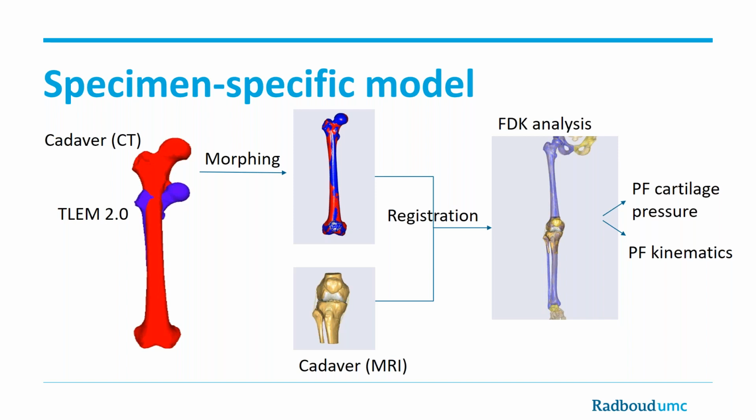We made a specimen-specific model of this cadaver using a similar workflow as used in the Grand Challenge model. We then performed FTK analysis on this specimen-specific model, but with special attention on calculating patellofemoral cartilage pressure and patellofemoral kinematics.